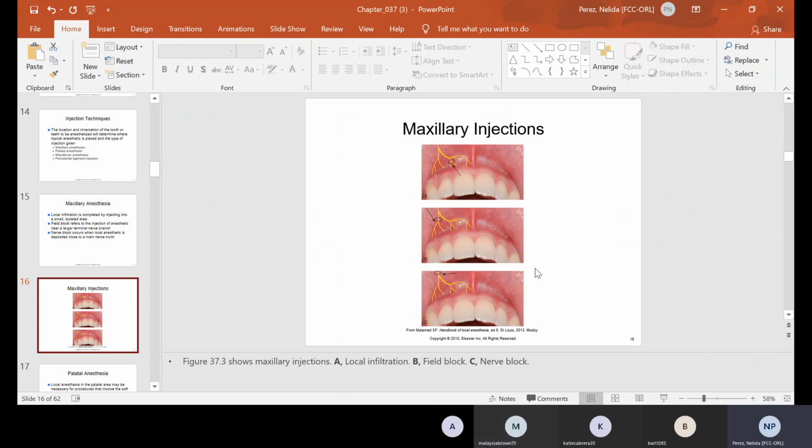Letter B is field block, so it's just a little bit off to the side. And letter C is a nerve block, so a little bit higher. To be quite honest, your main thing is to find out what tooth he's going to be working on, okay? And when you put the topical, spread it along that area just in case he decides to give a local, a field, or a nerve, because you're not sure, okay?